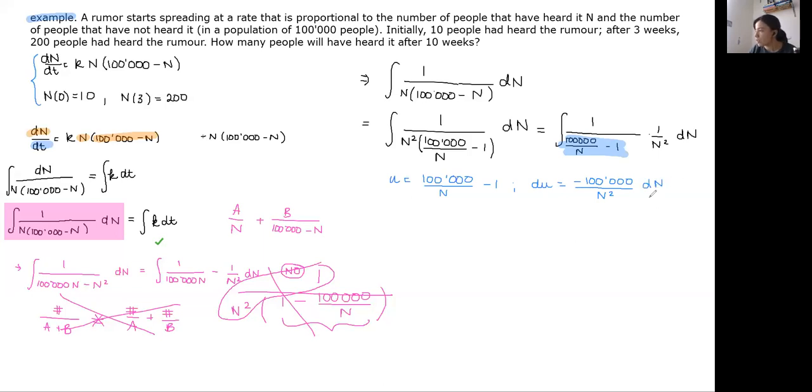And so that means that if I want to replace just 1 over n squared dn, I'm going to get that this is the same as du over minus 100,000. This is going to be equal to 1 over n squared dn.